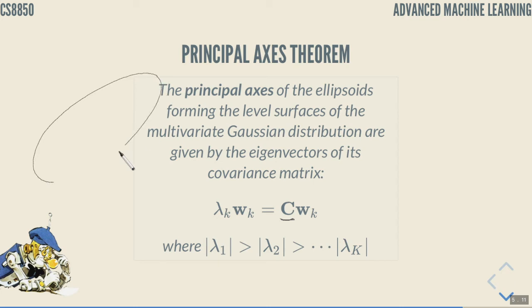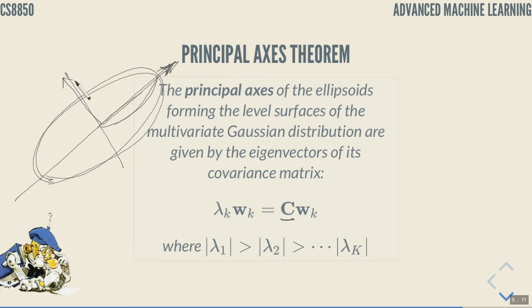The 2-dimensional case is easy. In a 2-dimensional Gaussian, any level surface will be an ellipsoid, and if we take the largest eigenvalue, it will be here on this axis, and the eigenvector corresponding to that eigenvalue will define the major principal axis of that ellipsoid.